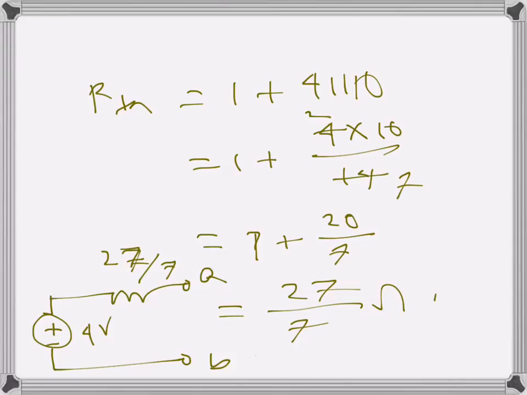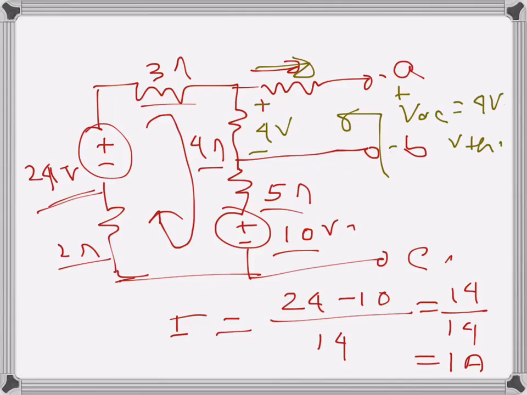Now let's do the same thing for terminal BC. We don't have to do the whole calculation once again. The same current will flow, only we are now interested in the open circuit voltage across terminal B and C. So what's the voltage there? The same current will flow, everything else will be the same.